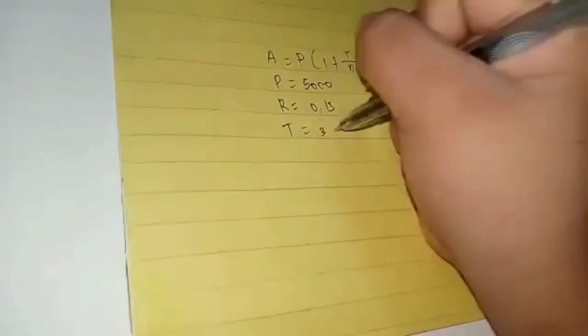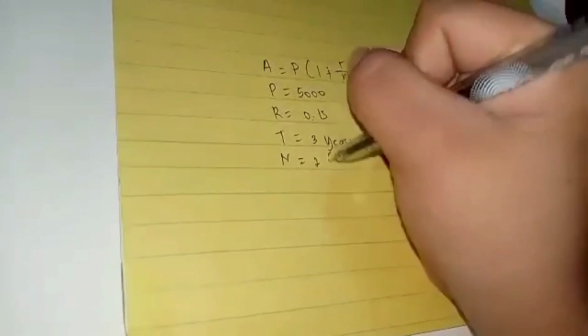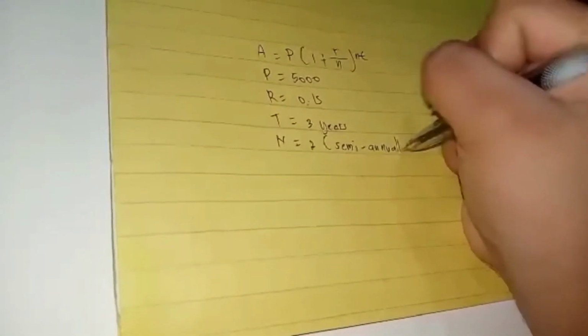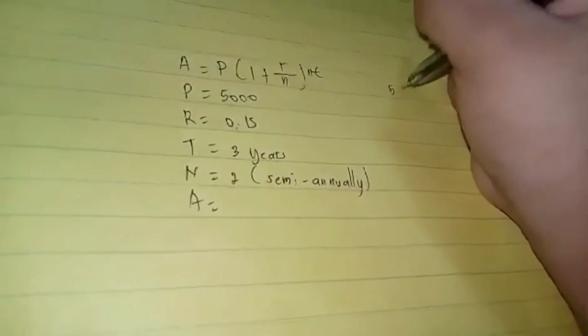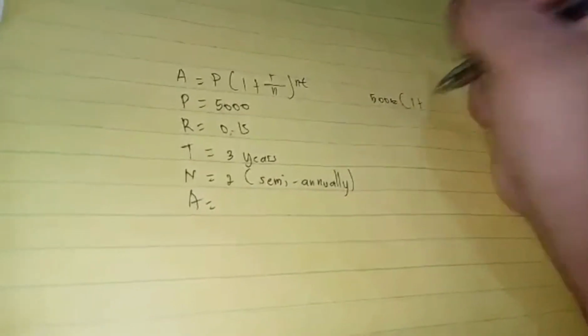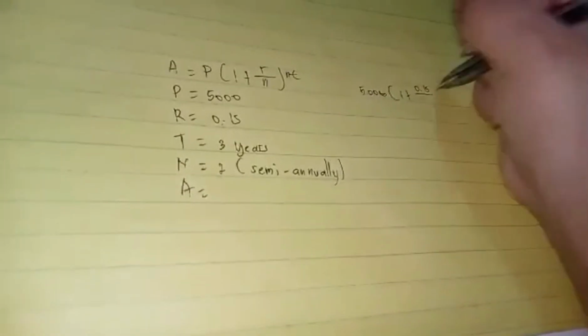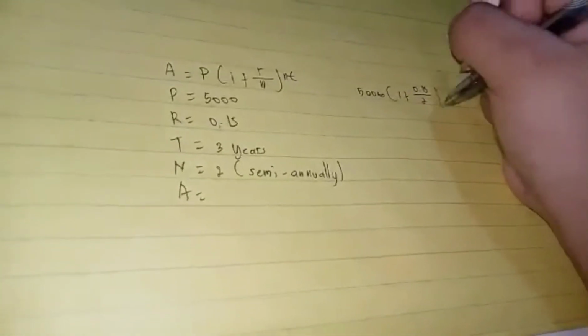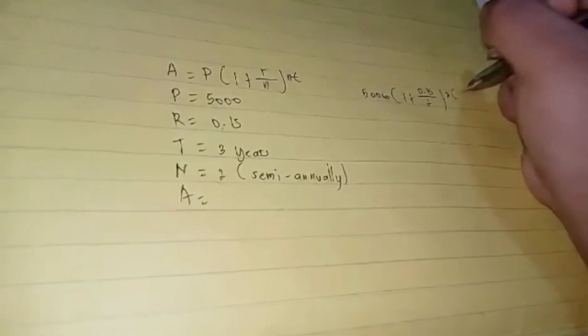Principal is 5,000, rate is 0.15, time is 3 years, and n is 2, or semi-annually. So 5,000 multiplied by 1 plus 0.15 over 2 raised to the power of 2 times 3.